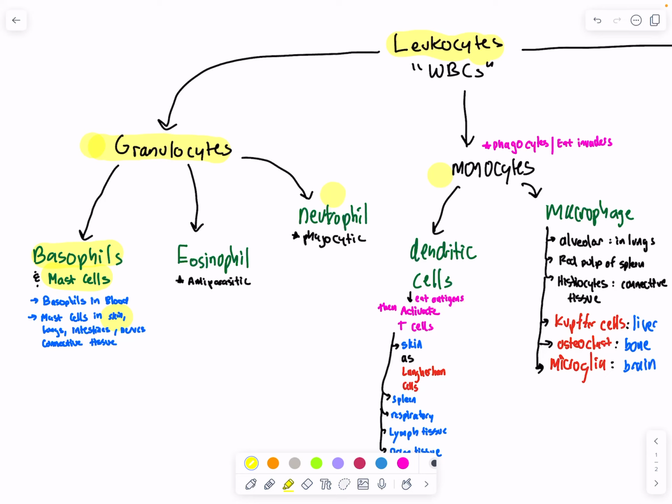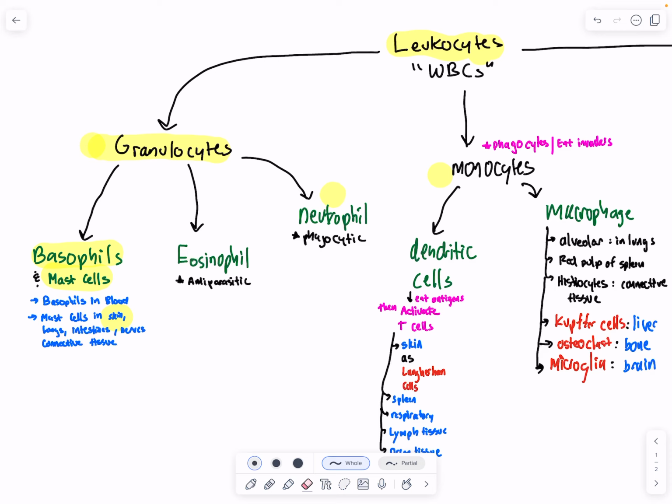And then we have neutrophils, which are a little bit strange because they do both. They do release granules, and they are basically considered the rapid response to bacteria.